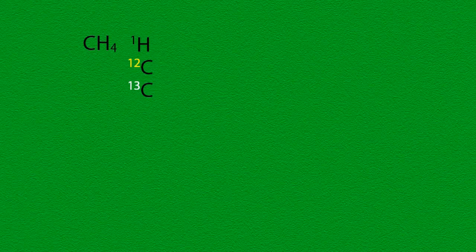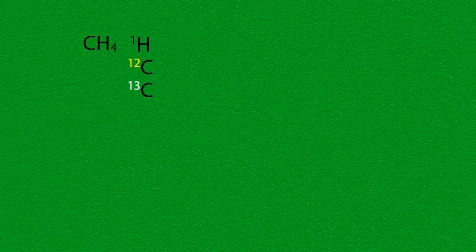Example 1. Let us see a molecule that contains a single carbon atom, methane, CH4. The atomic mass of carbon isotope 12 is 12 and that of carbon isotope 13 is 13. The mass of hydrogen is 1. It is very important to know the abundance of the isotopes.